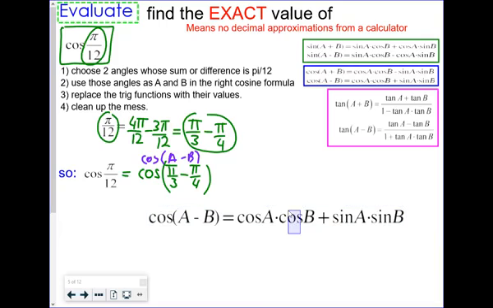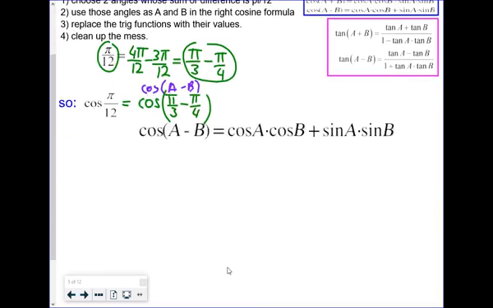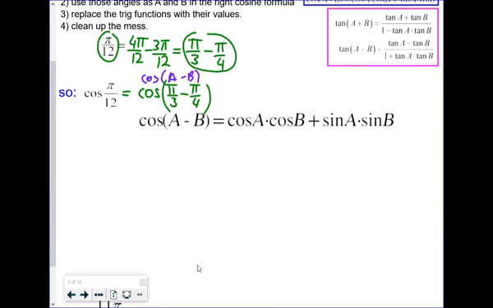Okay, so write that out now. And then let's replace, every time I see A, I'm going to write pi by 3 instead. So for this A, I'm going to write pi by 3 there, and for this A. And everywhere I see a B, I'm going to write pi by 4 instead. I'm going to write it color-coded, you don't have to.